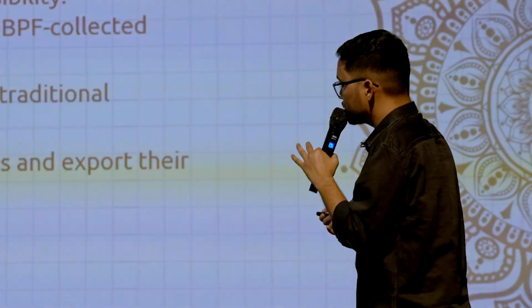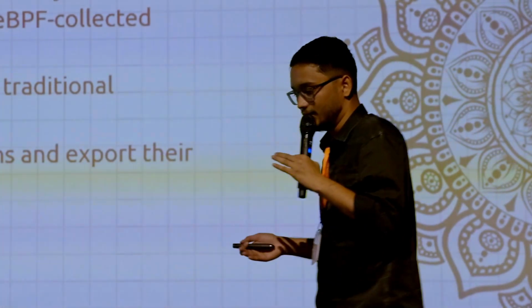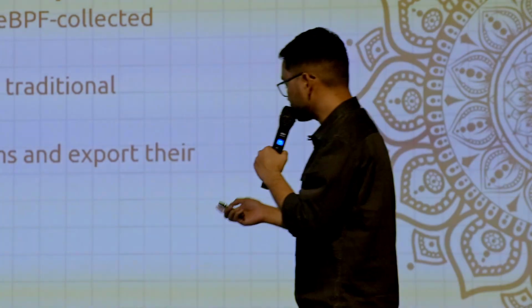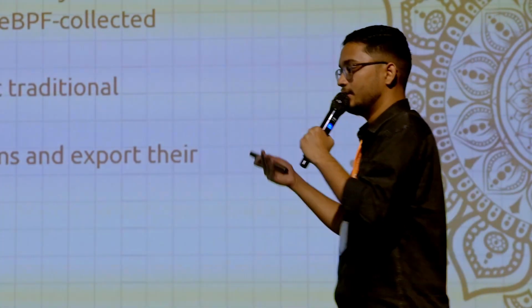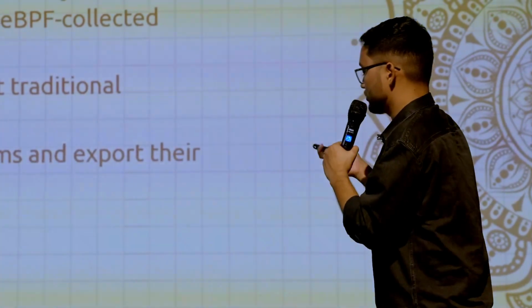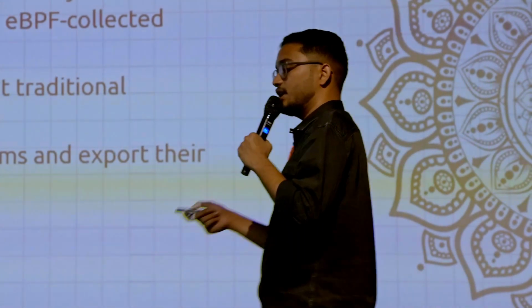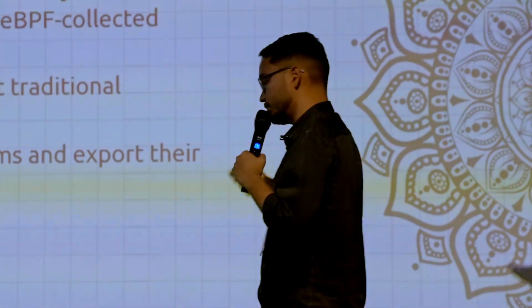So it goes beyond the node exporter. How? It provides different latencies as well, for example, disk IO latency, accept calls latency, etc. And also it is customizable. You can write your own C code to run the BPF program for monitoring as well.